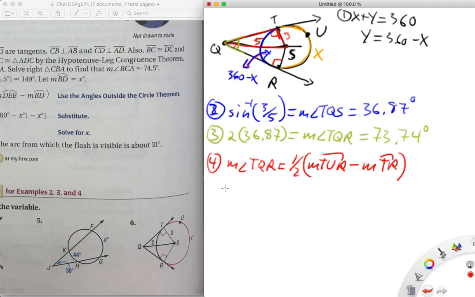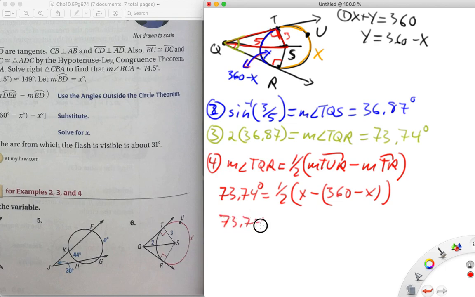All right, so TQR we just said was 73.74 degrees. 1/2 of the outside arc, that's X, TUR, and that's going to be minus 360 minus X. Okay, 360 minus X. So then that's going to be 73.74 equals 1/2 of, I'm going to move this over, so this is going to be distributed, right?